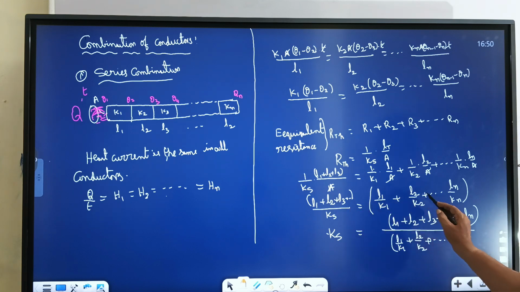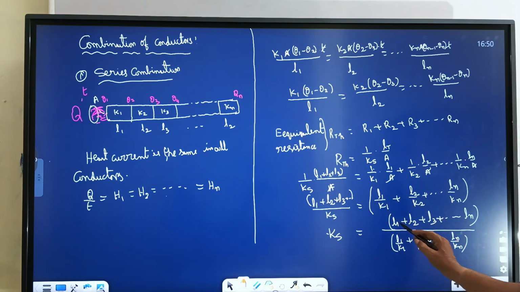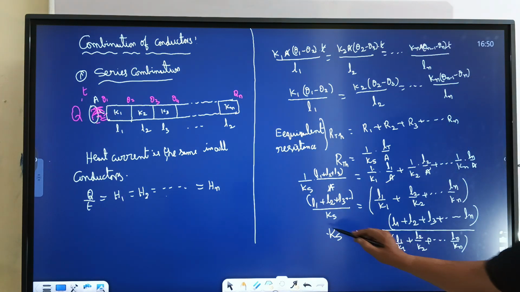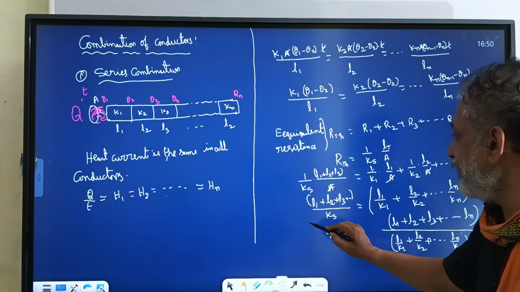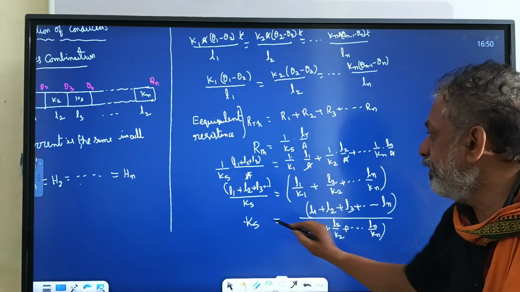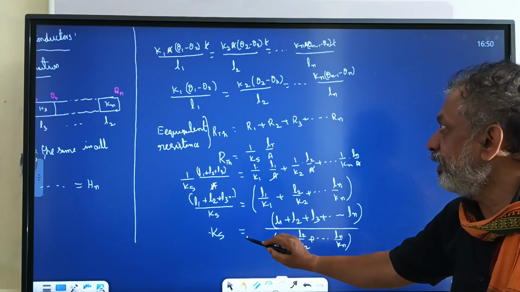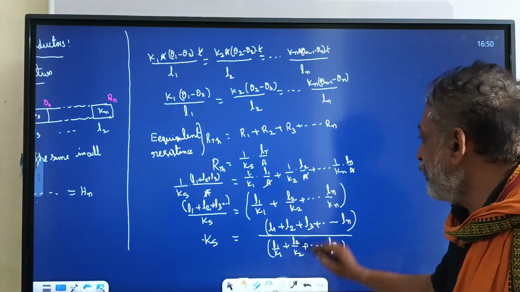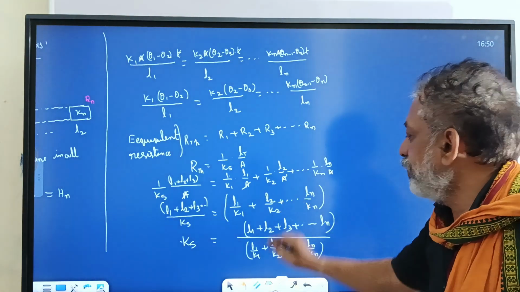I send it to the right side, where it multiplies, so the lengths are multiplied with Ks. Do you all understand? Now suppose the lengths are equal. If the lengths are equal, we will get our original relation.